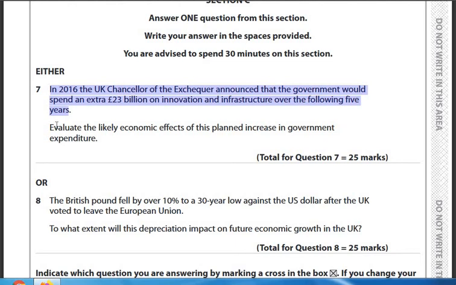Do you do both? No. You pick one. So you read both questions and you decide which one you fancy, and you go for it. In terms of the marks, there are 16 marks for KAA and there are 9 marks for evaluation.